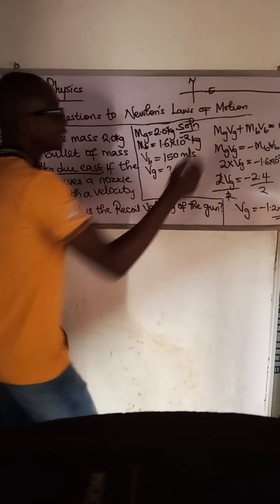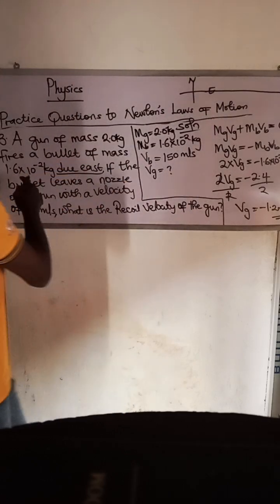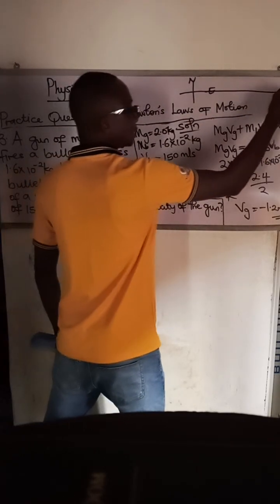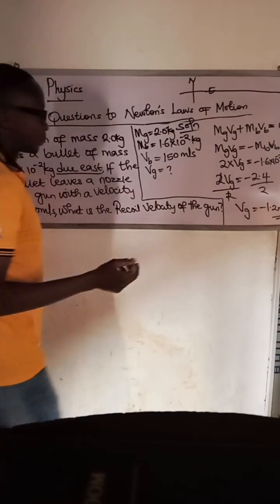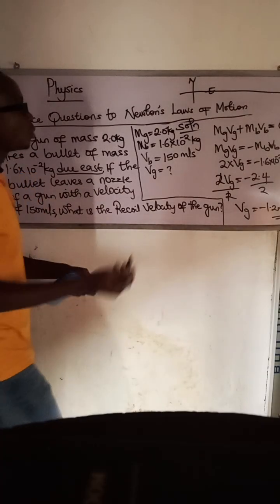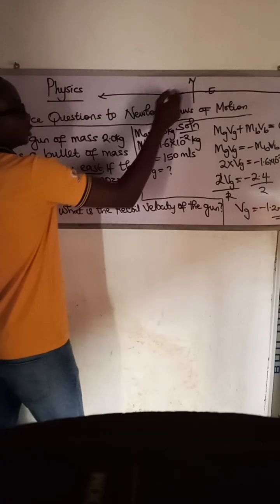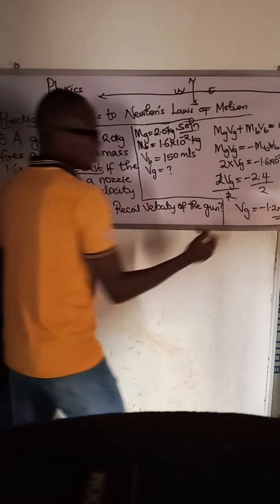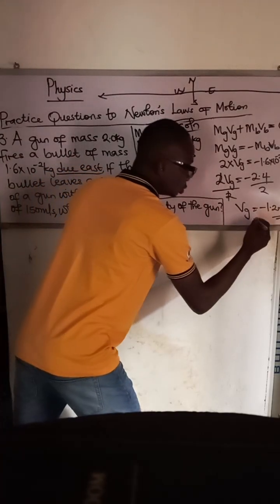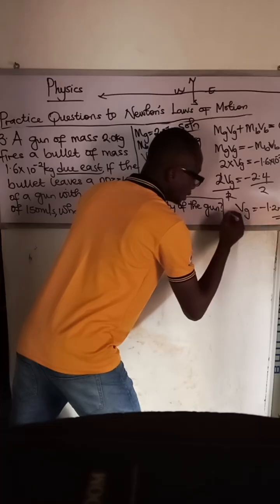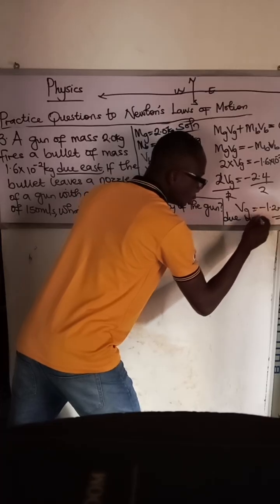The bullet is moving due east, but the gun, the trigger will be pulled due west, because this is west, this is south. So we have 1.2 meters per second, we can say due west.